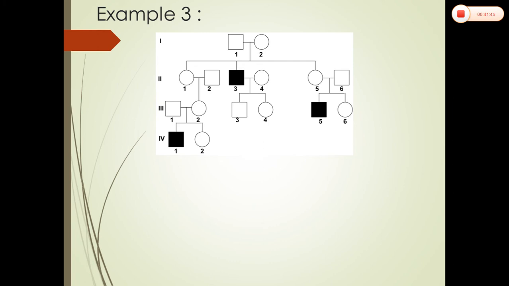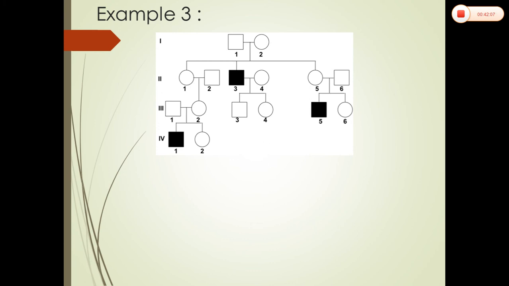Now this first daughter marries a normal man. From their marriage they have a normal daughter. This normal daughter marries a normal man. They have 2 kids, shown in the 4th generation. First son is affected and second daughter is normal.